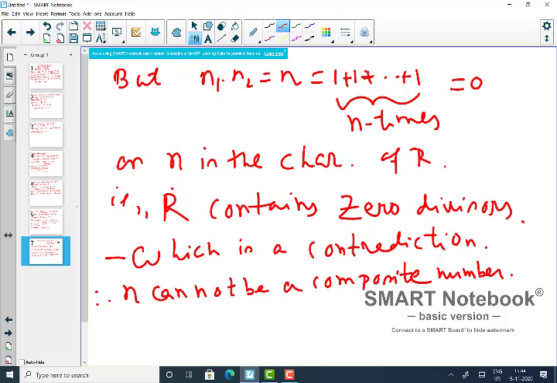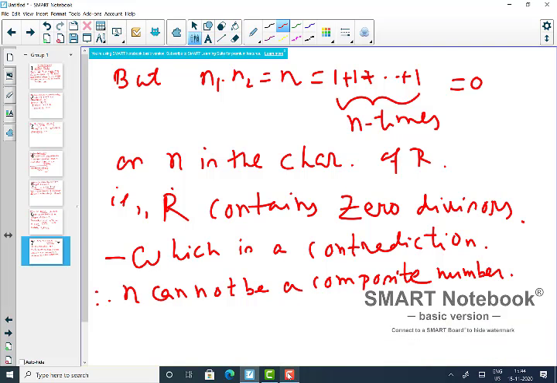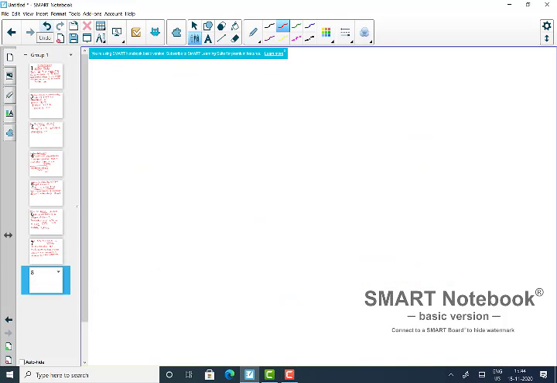Clear? So what does that mean? That means it has to be prime or 0. Okay. Yeah. So maybe you can have a similar thing for a field, but that we will prove later when we discuss the proof. Okay, field thing.